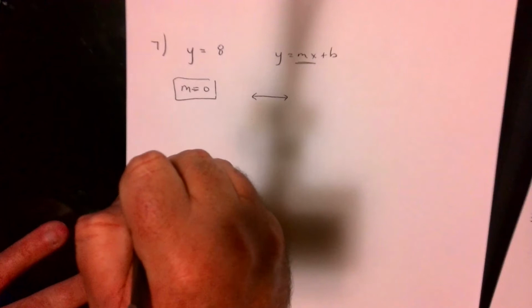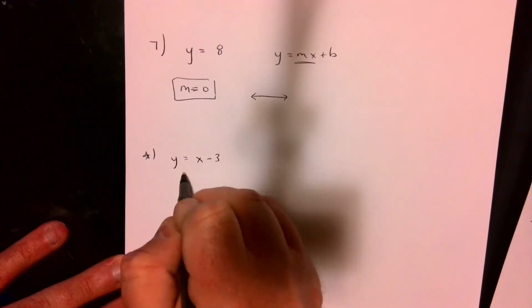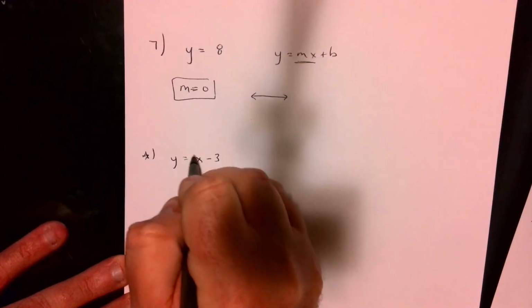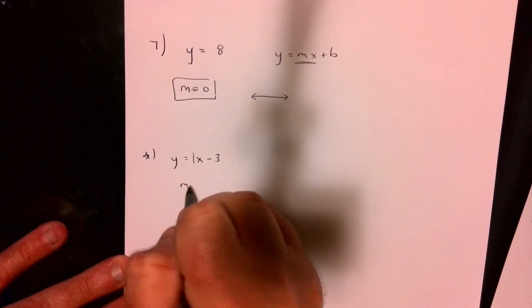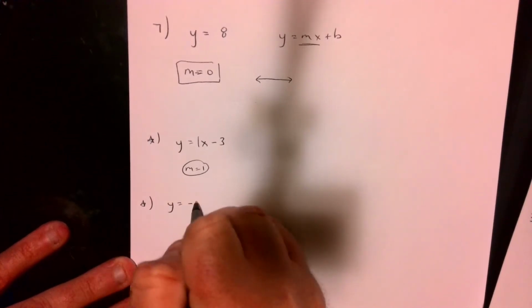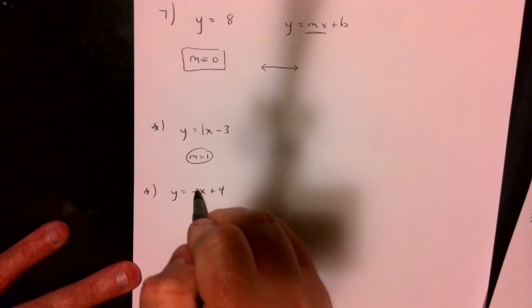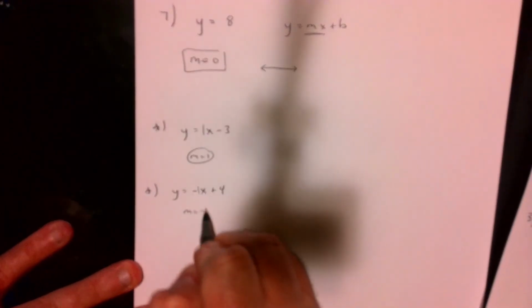So, final catch, if we have this one, be careful. Y equals x minus 3. There's a number in the front, it's a 1. Slope is 1. If we have y equals -x plus 4, there's a 1 here as well. Slope is -1.